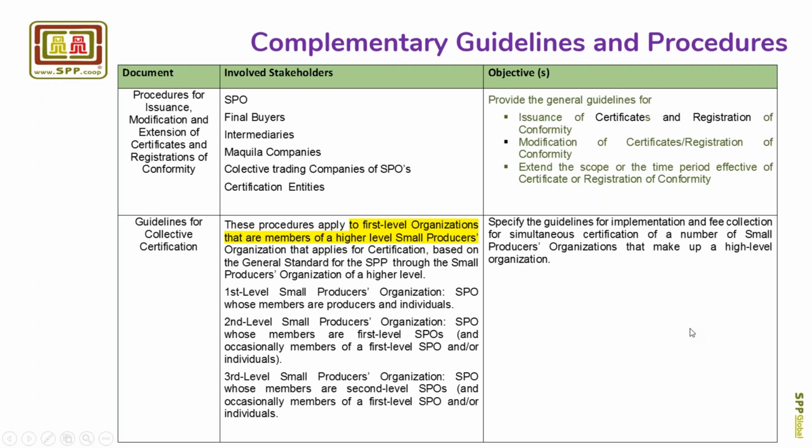Well, nowadays we have received, some days ago, or they are in the process of sending their SPP application, an organization from Ethiopia, and it's a huge organization, because I think this is a second or third level organization with 300 more or less first level SPOs. And the number of members in total, they are 3 million, or I'm not sure if they are millions or thousands of members.